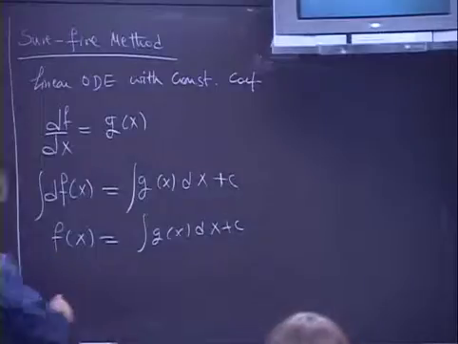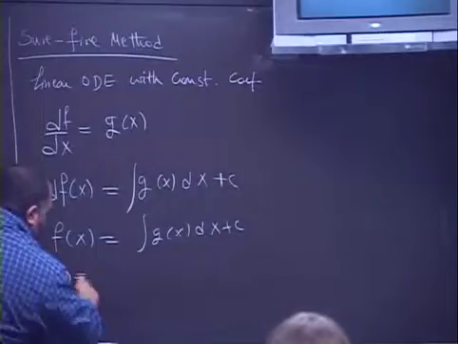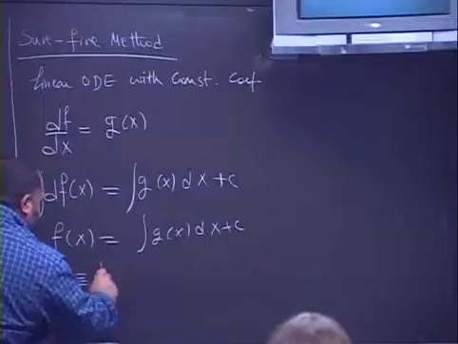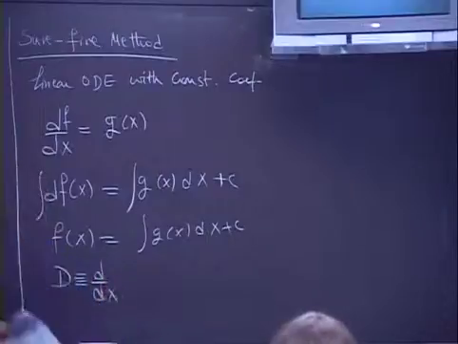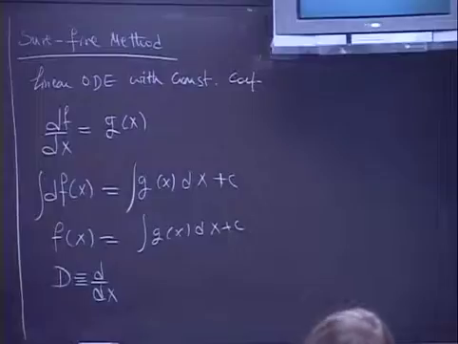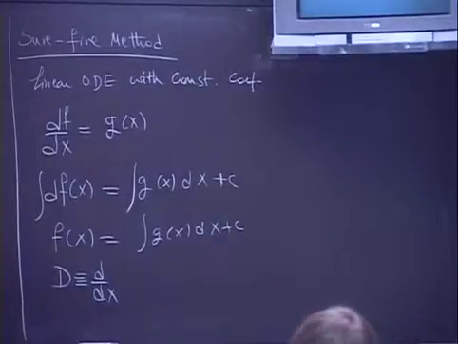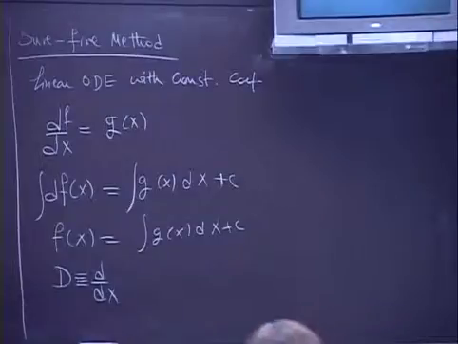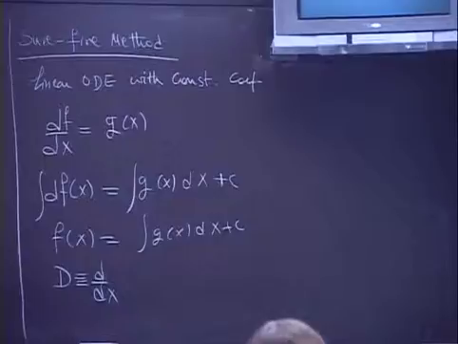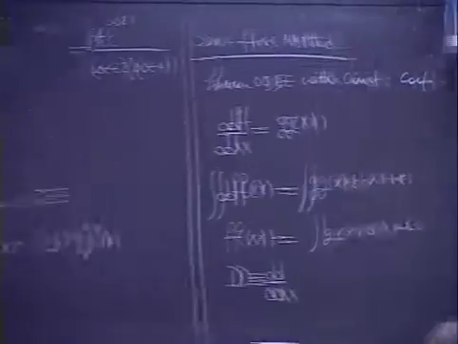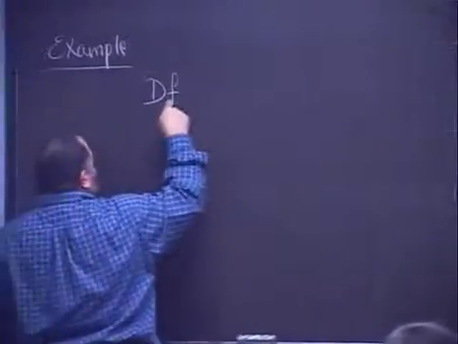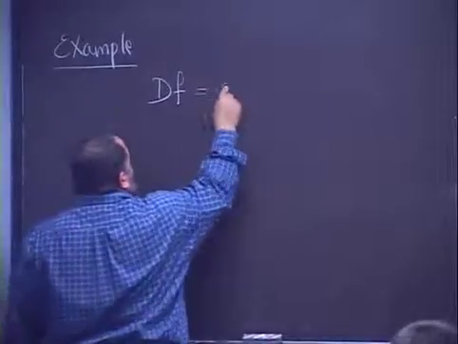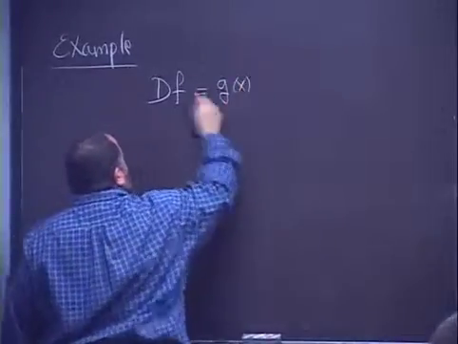So in operator form, D is just d by dx. So we can write the previous equation as Df equal to g of x. I can write it as the operator D operated over the function f of x equal to g of x.